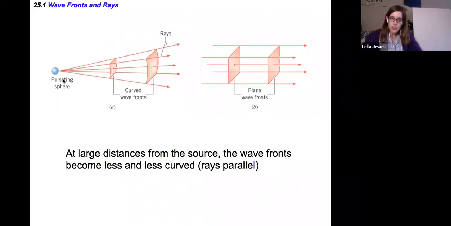And if you notice the rays start out pretty angled from each other, but then as you get really far away, the rays are essentially parallel. So that's something we want to hold in mind. And anytime you see drawings that have these rays, these arrows, you can imagine they're just showing how the wave itself is moving in that direction.